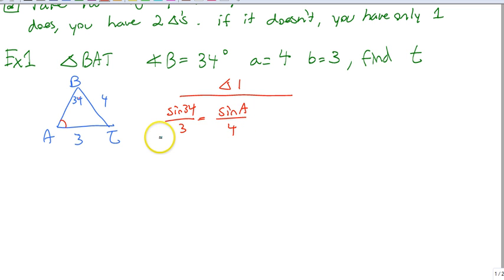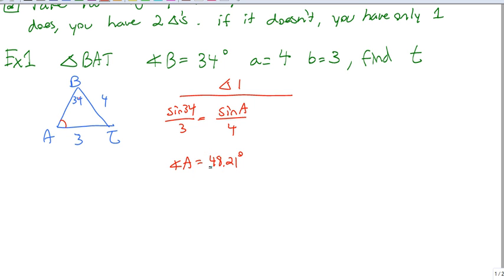You cross multiply, and you solve, and you do the inverse, and you get angle A is equal to 48 degrees. Or 48.21 degrees.